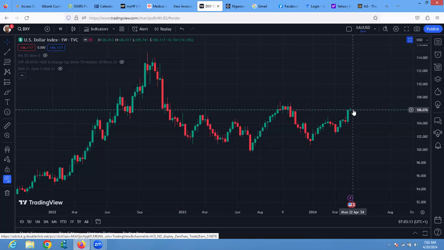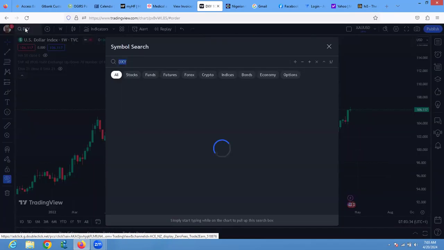In the new week, we might break slightly above here before we begin to push to the downside. That is the mood I can see here on DXY. Now, we may break or cap it slightly, and we are coming to the downside. Let's look at the US dollar index.